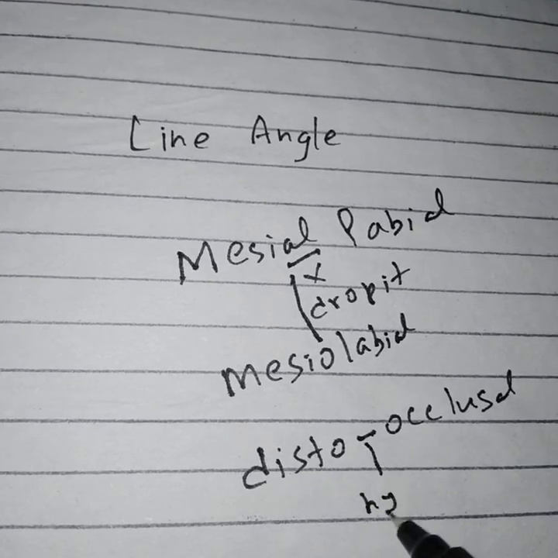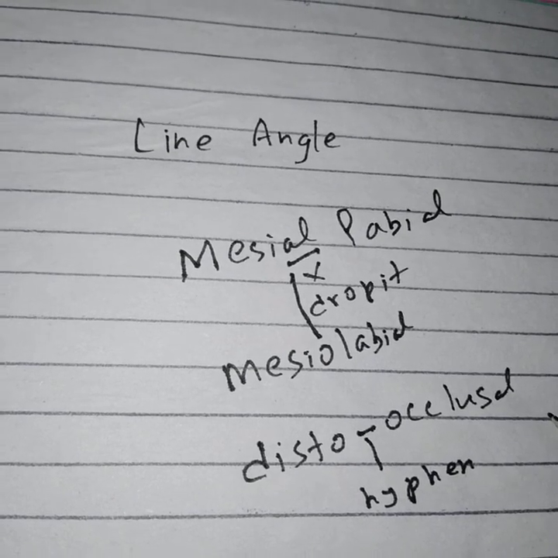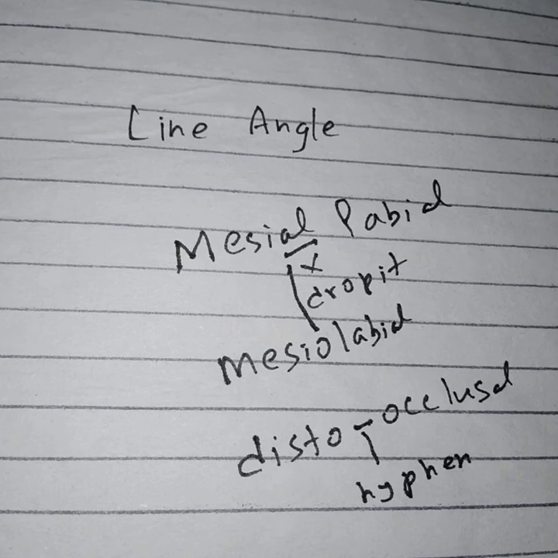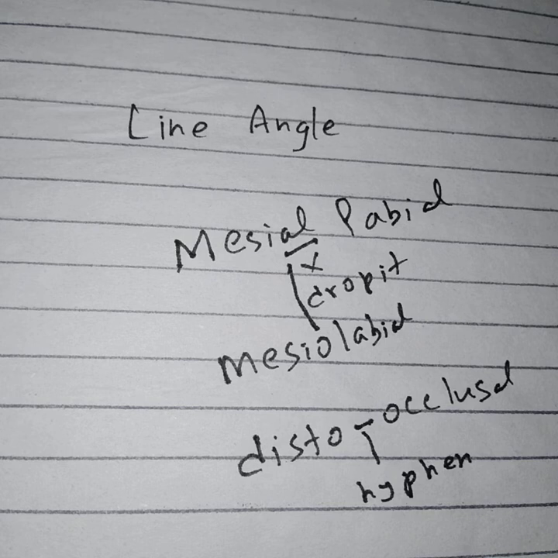This is a hyphen. So these are the points or guidelines for writing the name of the line angles. So there are 8 line angles of a tooth, and these will be described.